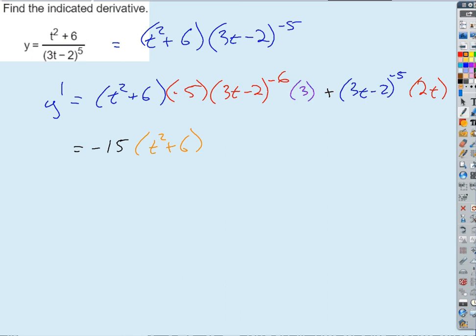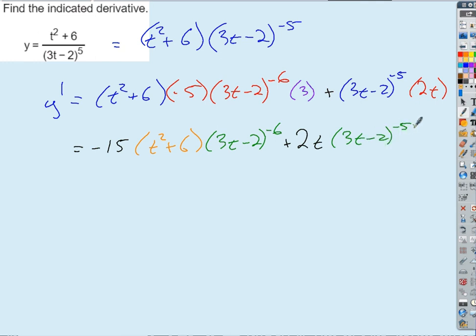Everybody agree that's my first term? I just split it up. Plus 2 times t. This I don't really need. Times 3t minus 2 to the -5.